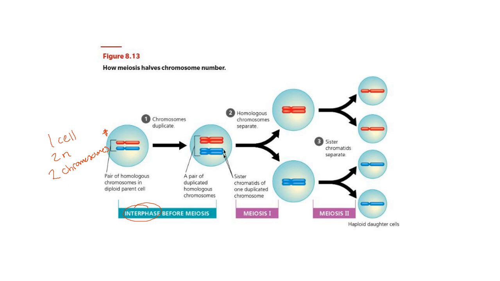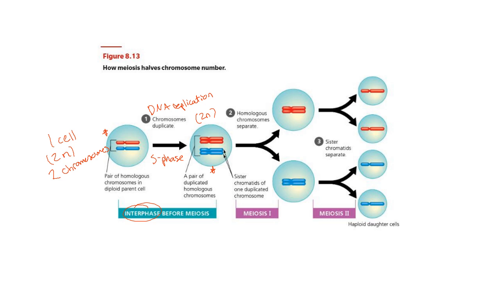What happens in interphase is we have the S phase, which by now we already know means DNA replication, which then means that by the end of DNA replication, we end up with this. Still one cell, still diploid, but these are homologous chromosomes, right?